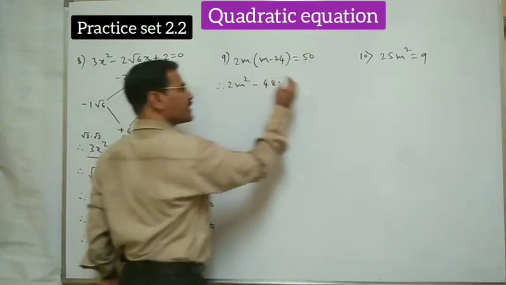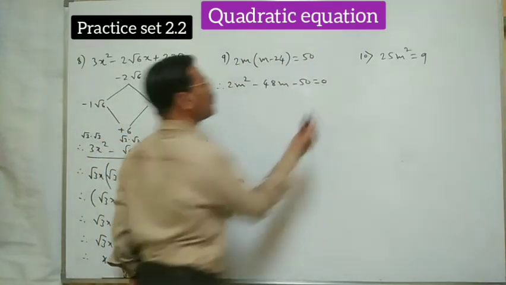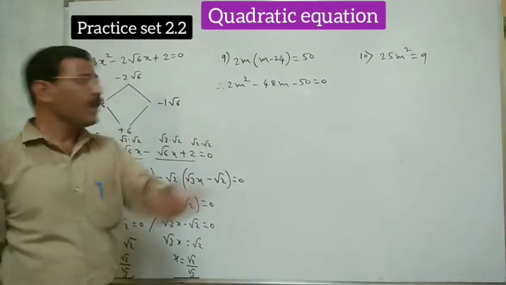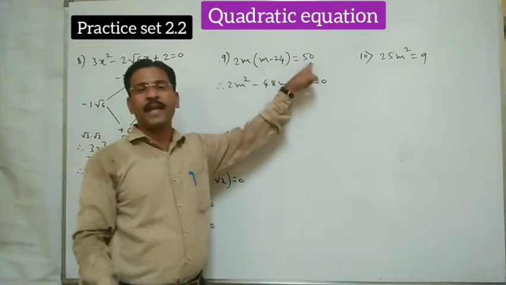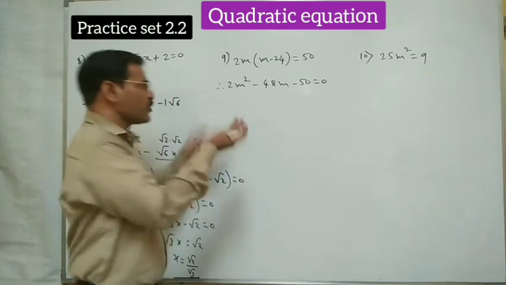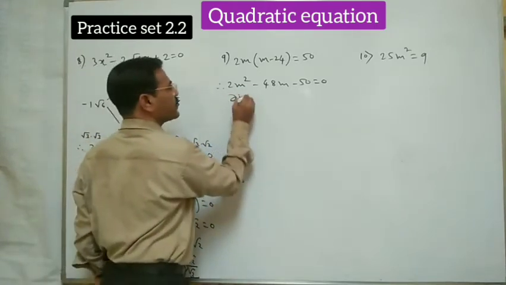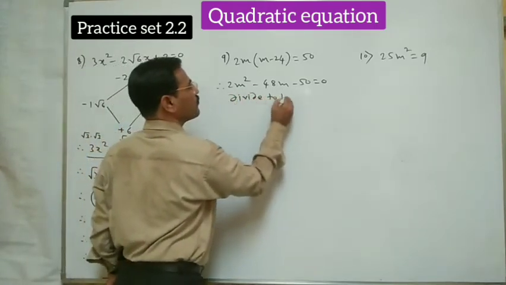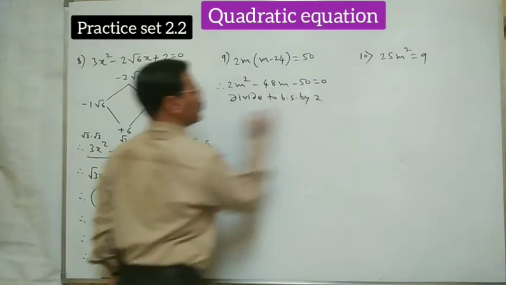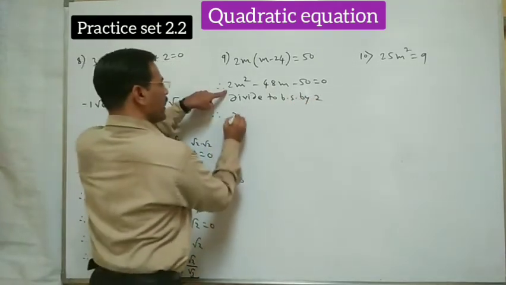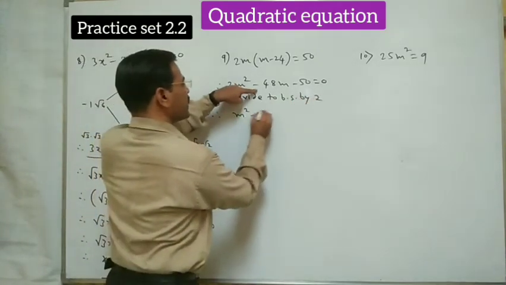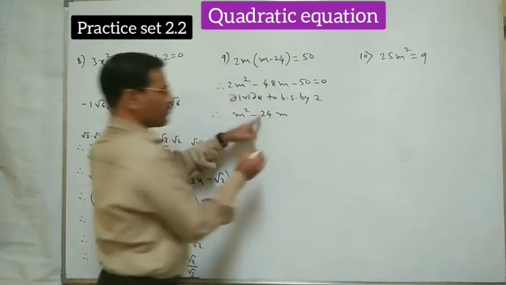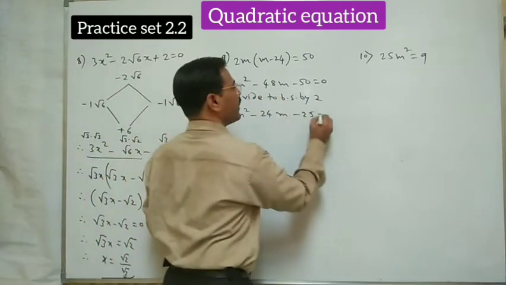That 50 comes to this side, minus 50 is equal to 0. Or you may take 2 to this side and divide, to make it easy. Here also, divide both sides by 2. What will we get here? Only m². Divide: that means 24, here also divide, 25. Make it easy.